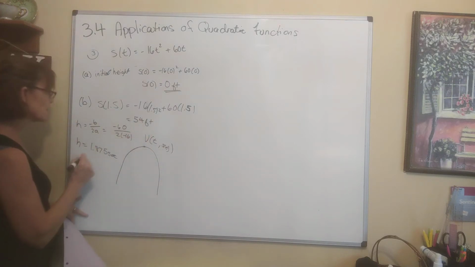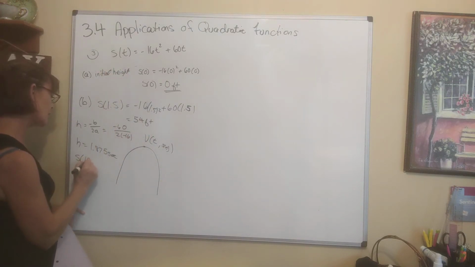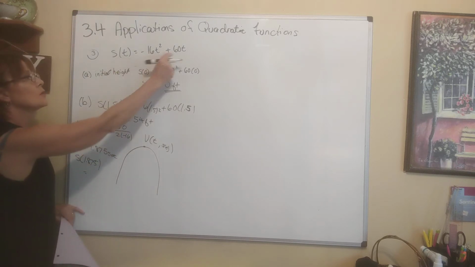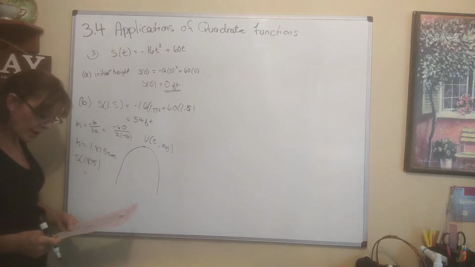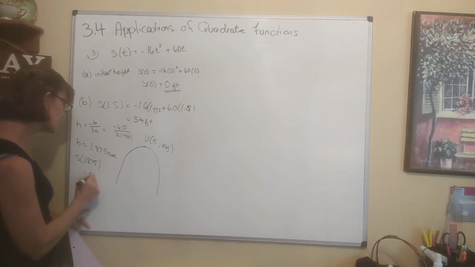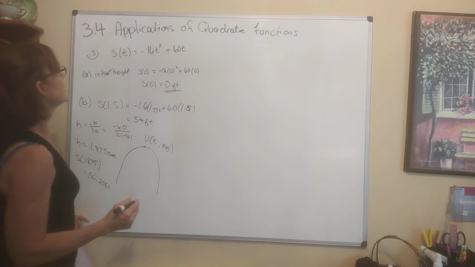How will we find the maximum height? You just evaluate S at 1.875 seconds. We plug that into this equation, and it gives us that the maximum height will be 56.25 feet. Let's write a sentence.